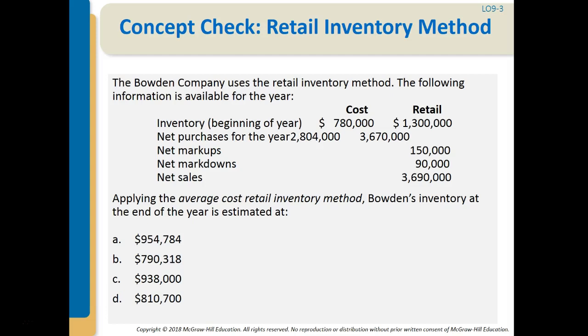Applying the average cost retail inventory method, Bowden's inventory at the end of the year is estimated at A, $954,784; B, $790,318; C, $938,000; or D, $810,700.